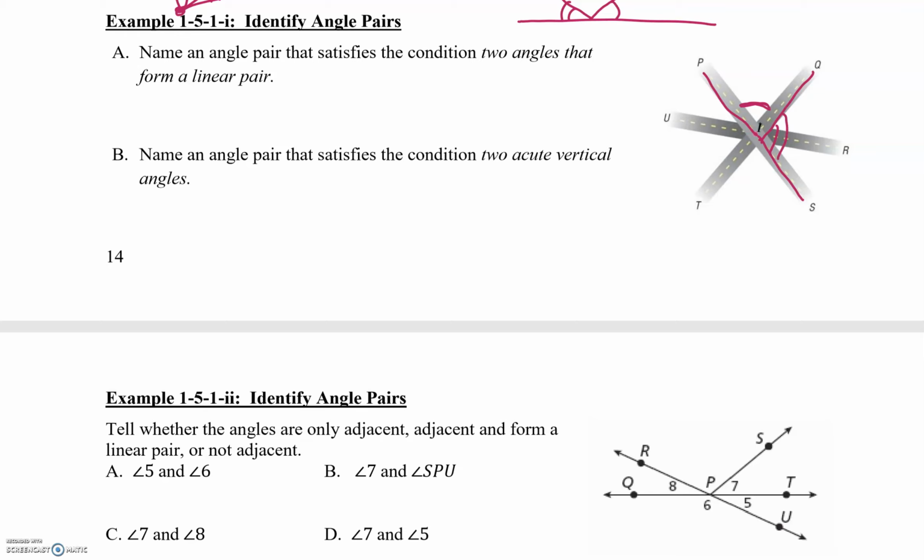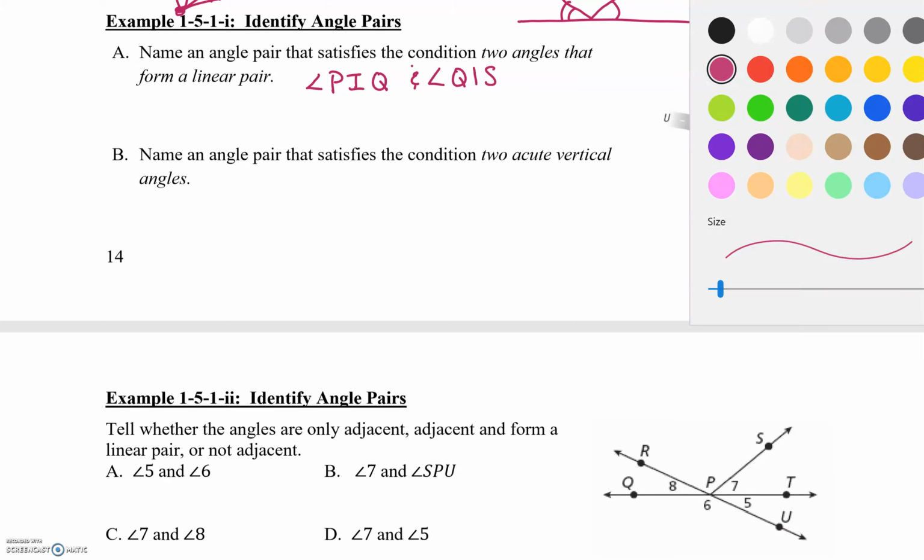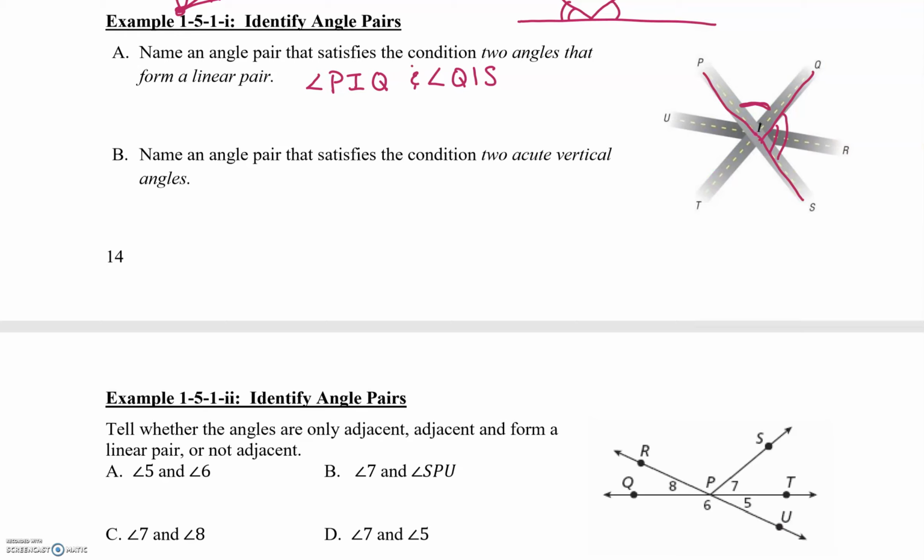And so you could have lots of options. There's actually quite a few, but we would name it angle PIQ and angle QIS. Or you could do PIT, that angle, and then TIS, and then this angle. So these two would form a linear pair. So lots of options there.